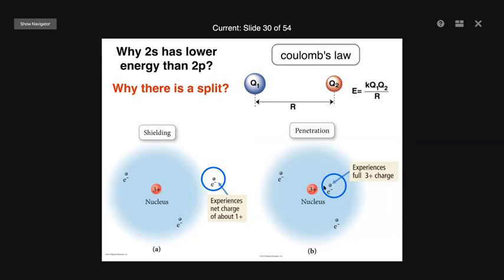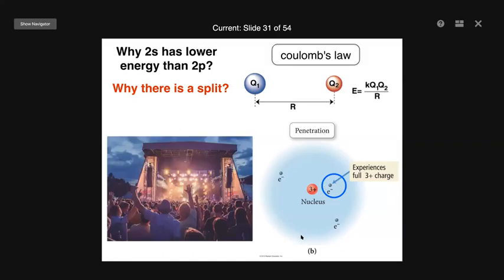So it's similar to being small enough that you can get through all of these people to get to the front of the stage to experience what is going on. Same thing here: this electron is able to penetrate through to get closer to the nucleus, avoiding the shielding effect from the other electrons.